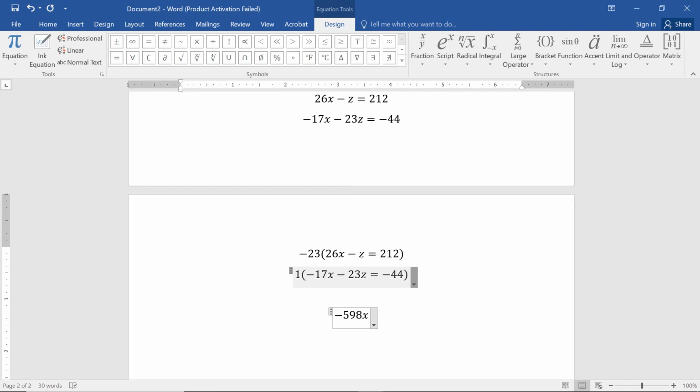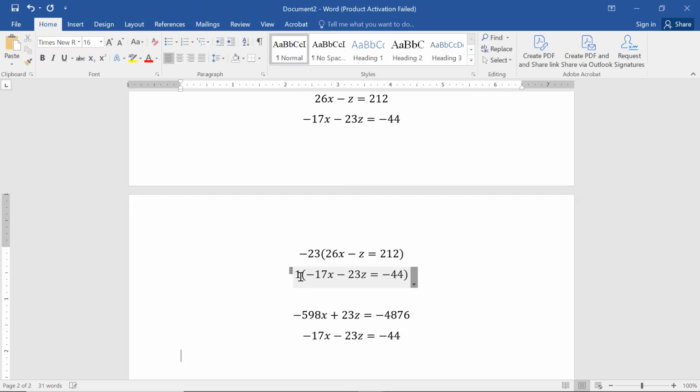Z times -23 is a plus 23z. -23 times 212 is -4876. When I multiply 1 through, I end up with -17x minus 23z equals -44.